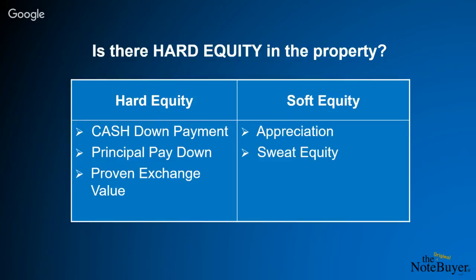Okay. Now let's compare that to soft equity. Soft equity is appreciation. And sometimes that's real and sometimes it's not. You never know. Okay. Sweat equity is another form of soft equity.